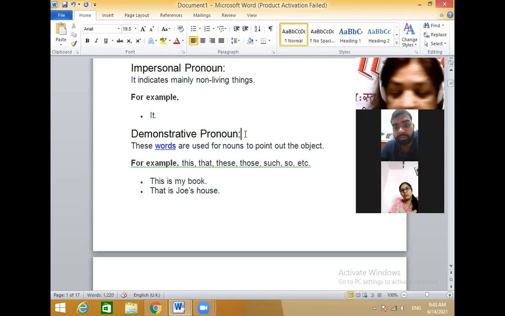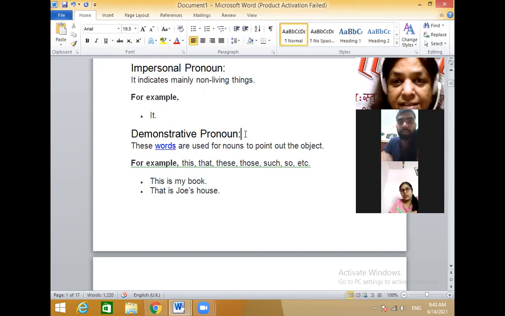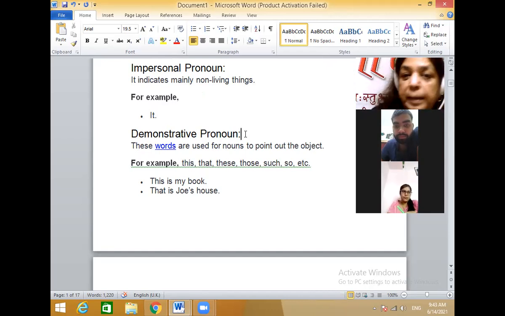Now we come to demonstrative pronouns. Demonstrative. What do you mean by demonstrate? This, that, these, those. You are demonstrating. You're showing things. These pens are mine. Sorry, these are mine. These belong to me. This is my book.